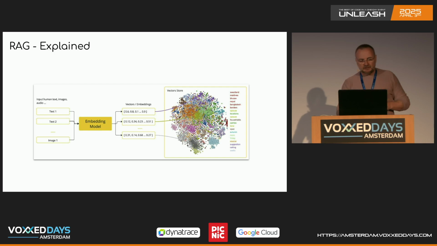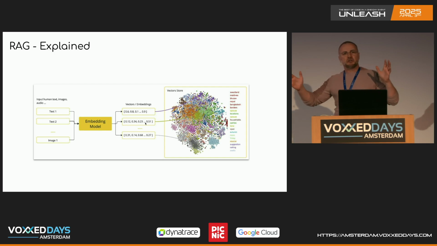They can convert text into vectors, sequences of numbers. The important thing is that they have this property: if two vectors in this multi-dimensional vector space, usually thousands of dimensions, are close to each other, this implies that the original texts they were produced from are very similar as well. This is the magic of embedding models.